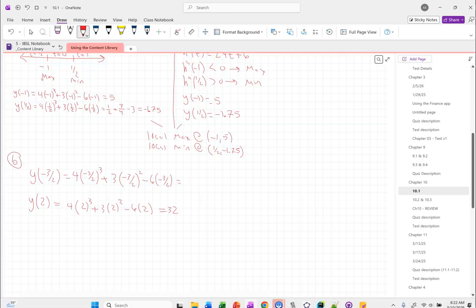And this one, let's see, that's going to be 9/2. Oops, no, -27/2 plus 27/4 minus 9. So that's going to be -54/4 plus 27/4 minus 36/4.